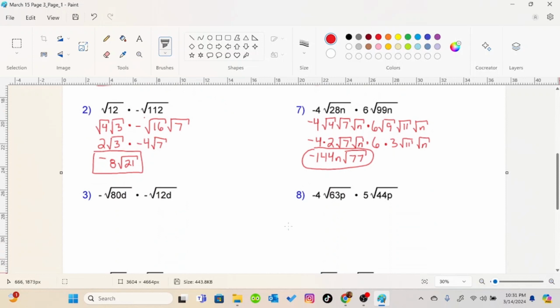Number 3. The square root of 80d can be written as the square root of 16 times the square root of 5 times the square root of d.